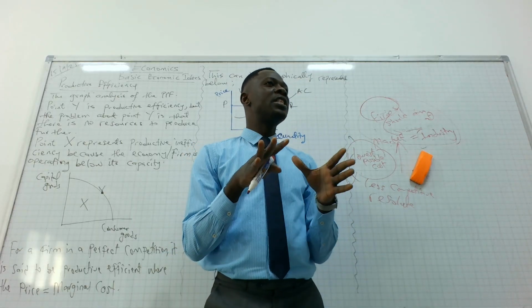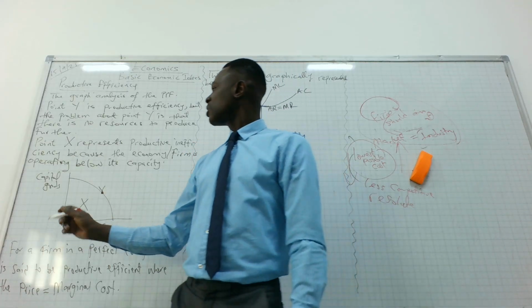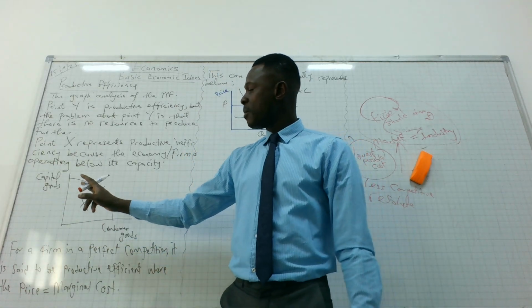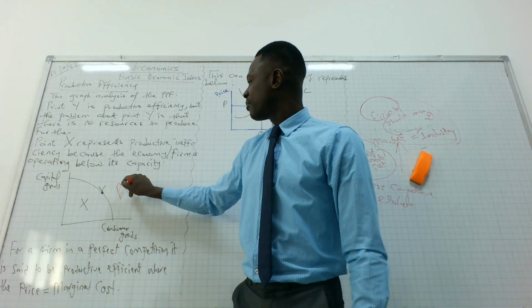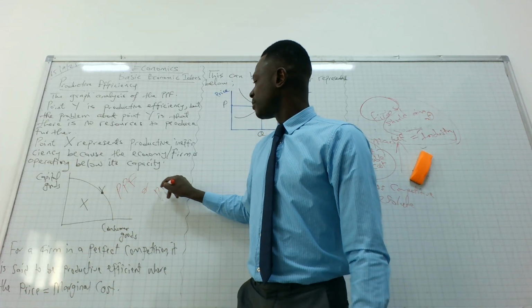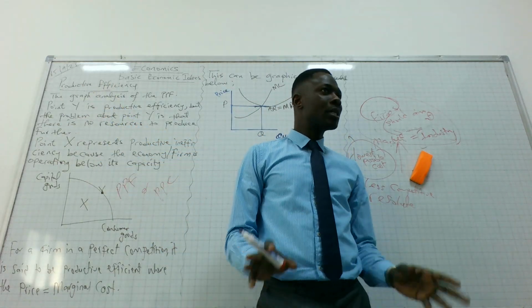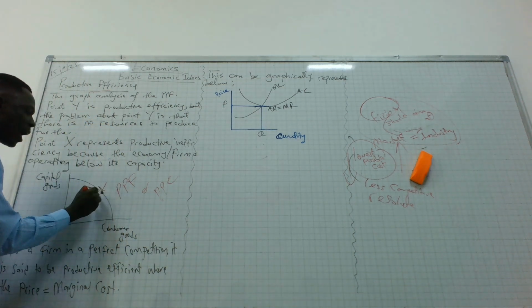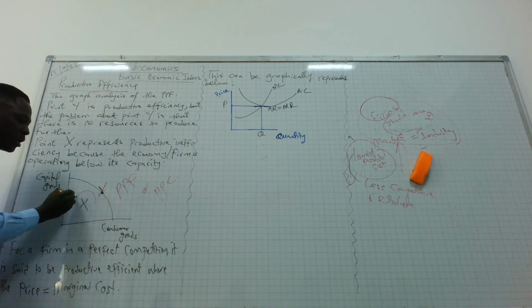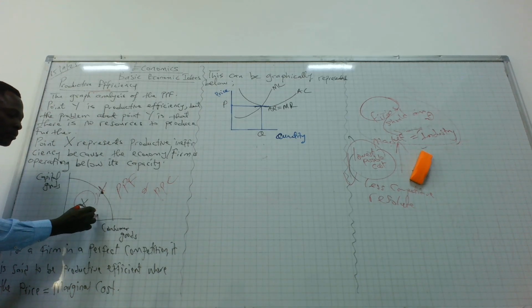So, for productive efficiency, we have a graphical representation. We can use a production possibility frontier, a PPF or PPC, to represent productive efficiency. So what are we talking about here? We have 2 points. We have point Y and point X. Point X represents unemployed resources.